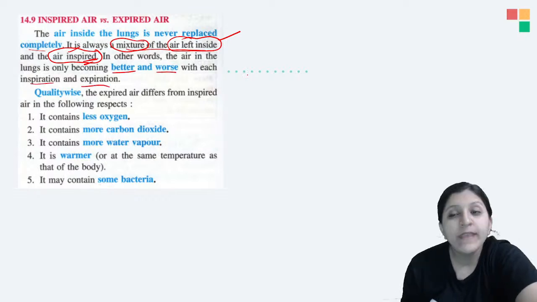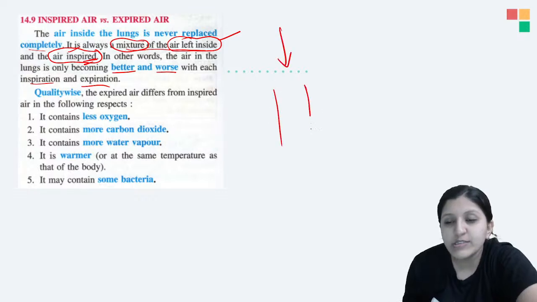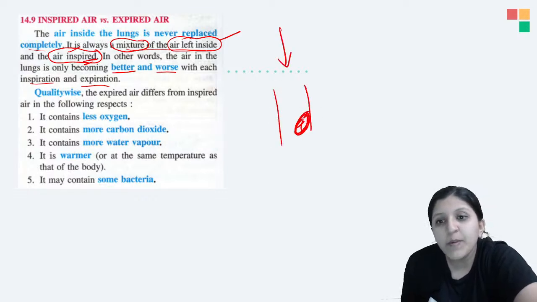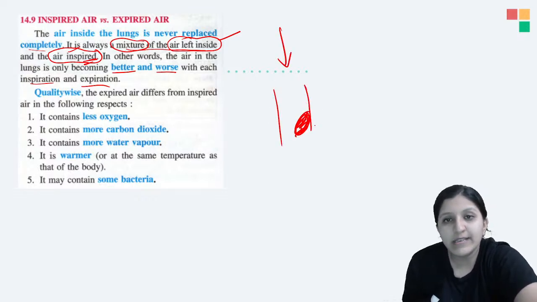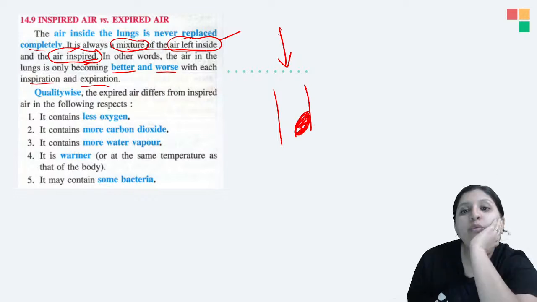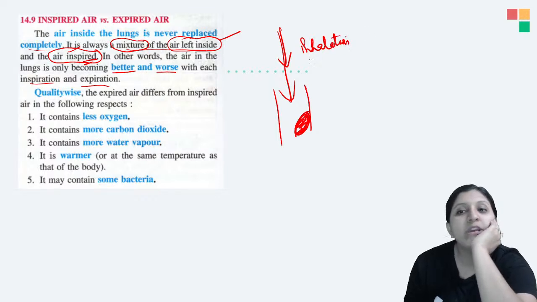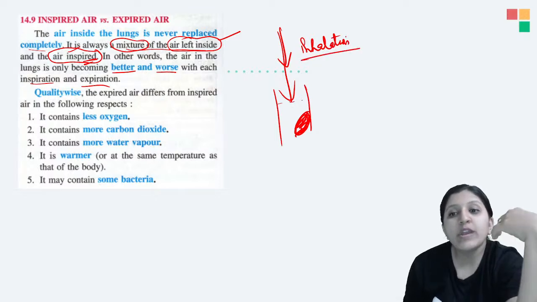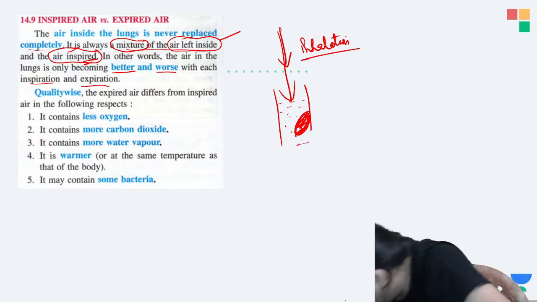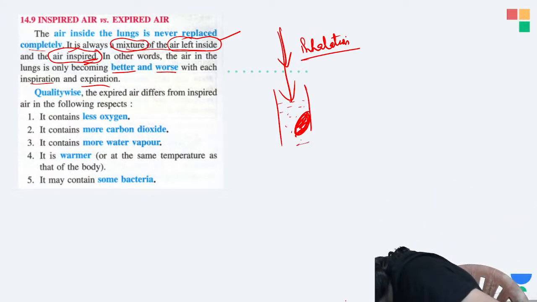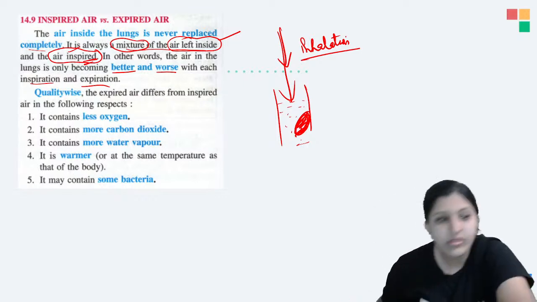So now when you inhale, there is some amount of air that is left in the trachea. So when you inhale the air, so inhalation is done. So what is happening now? This air is going to get somewhat better.